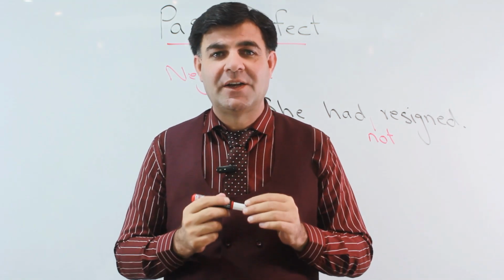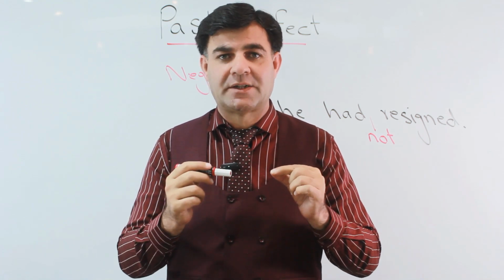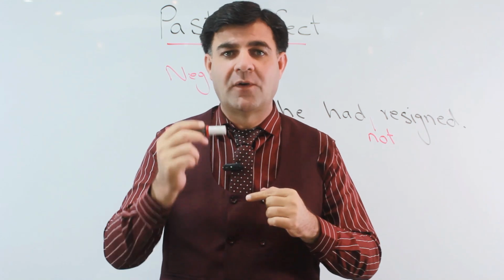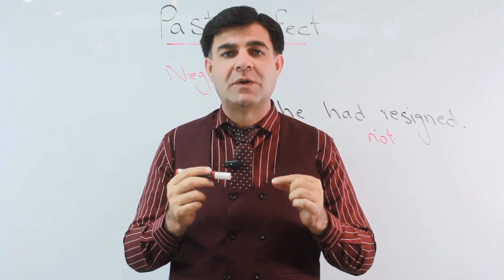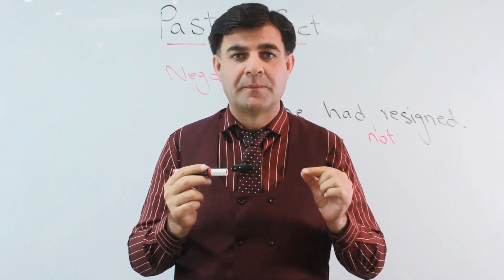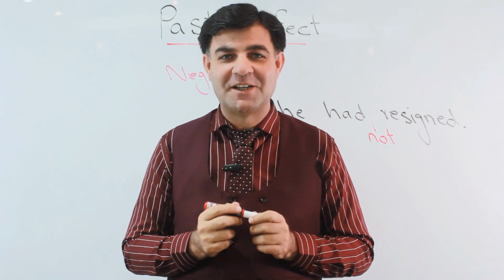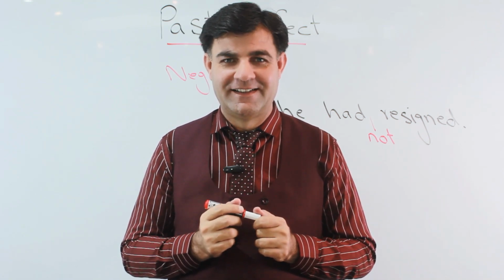In the next video, I will explain about two actions happened in the past. One action happened before the other, how to arrange them, where to use past perfect and where to use past simple correctly and properly. So wait for that video. Soon it will be uploaded.